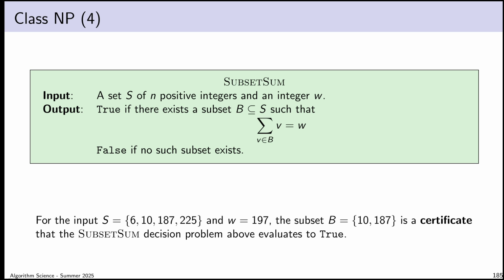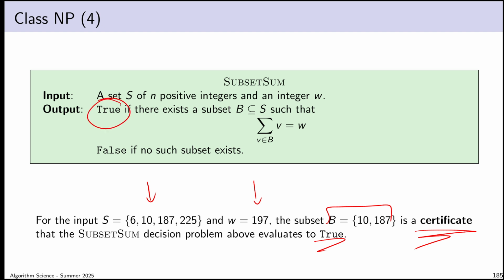So in the case of subset sum, if I have this input with this goal sum, and you provide me this subset, this is what we call a certificate of the outcome, a certificate that the problem evaluates to true. Now you're going to notice that when I talk about certificates, I only talk about them in the case where the answer is yes.